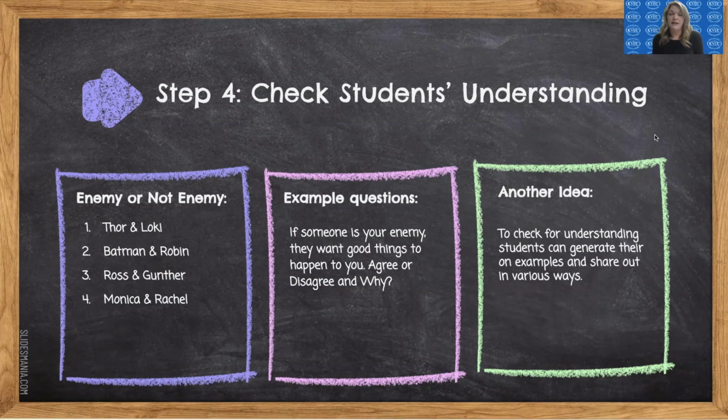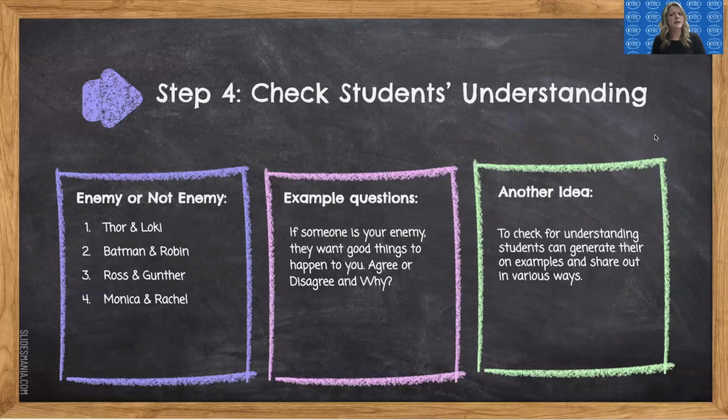And based on what they say, you know if they got that concept. Again, make sure that you know some of their background knowledge, what they're familiar with, so that you can use what they know to give examples to get that full understanding. Because if kids don't watch Friends, then they're not going to know who Monica and Rachel are, and so it's not going to help.